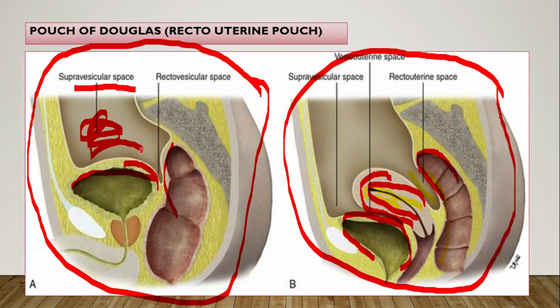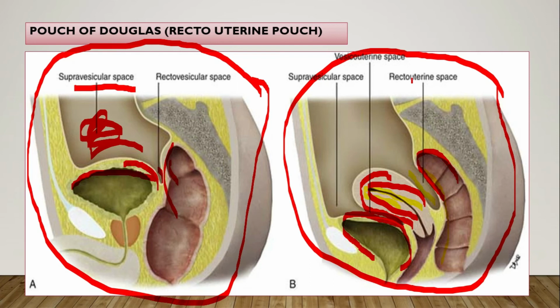But in the case of male, there is no uterus, so the space between the bladder and the rectum is called the rectovesical space, and the supravesical space is common because it is present above the bladder.